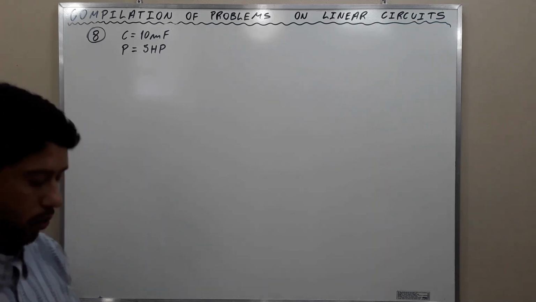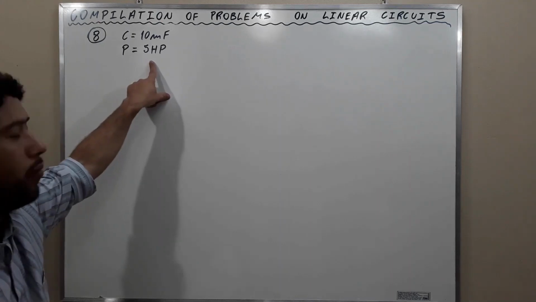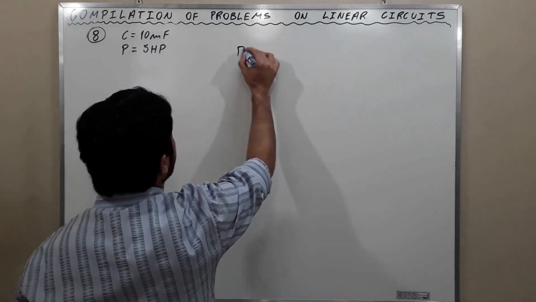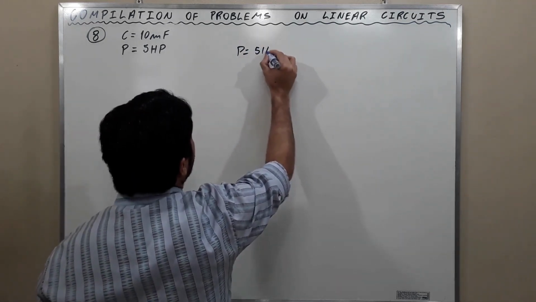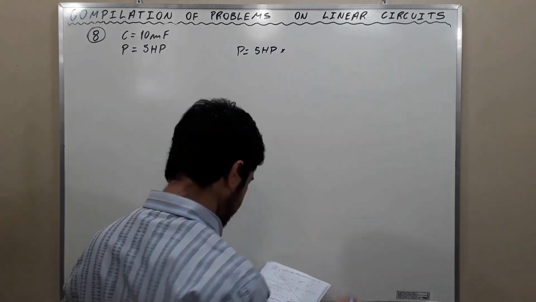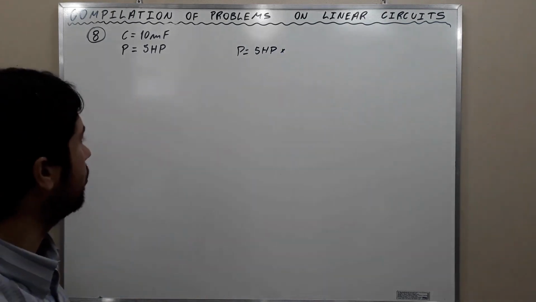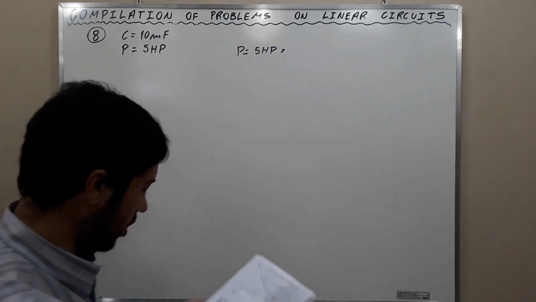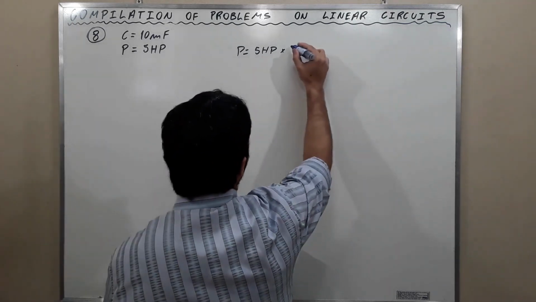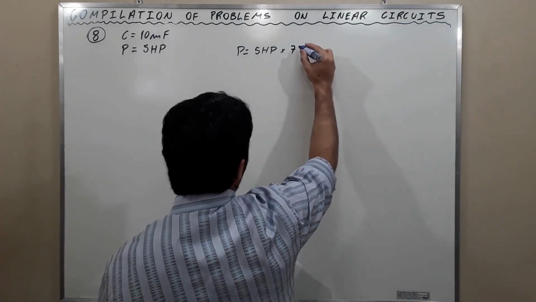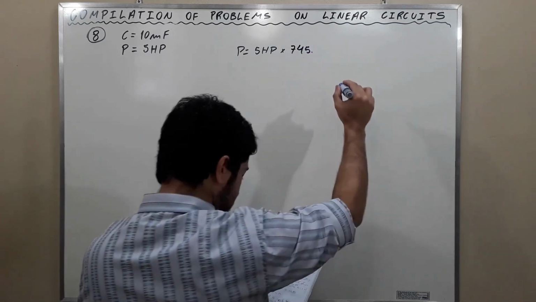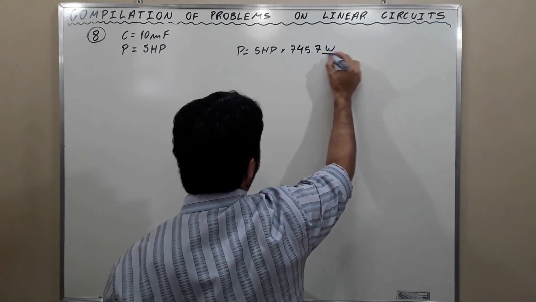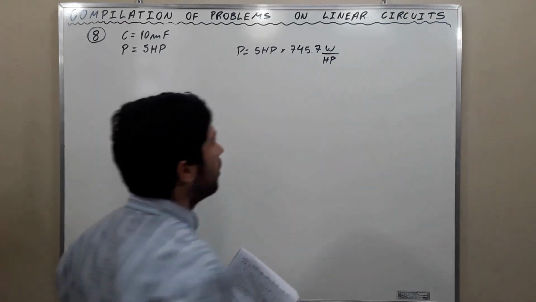Our first step will be to convert the power from horsepower to kilowatts. It is then P equal to 5 HP times the converting factor. Okay, we are going to convert from this system, HP, to kilowatts. And the converting factor is 745.7 watts per horsepower.